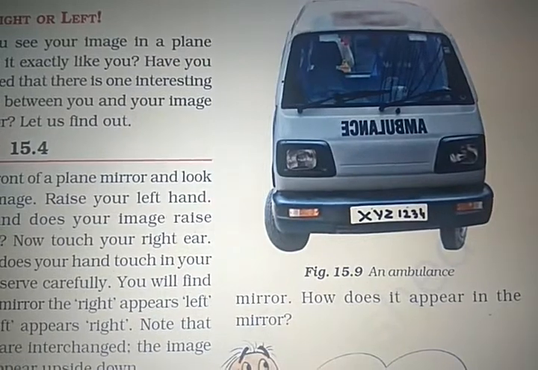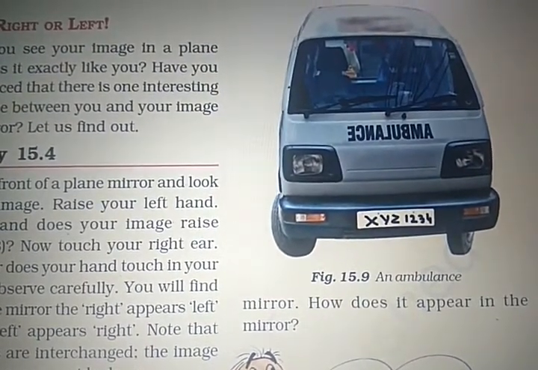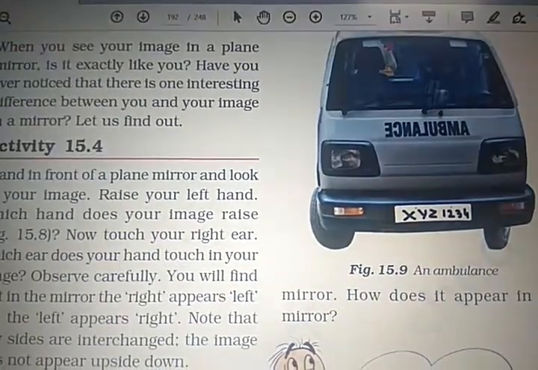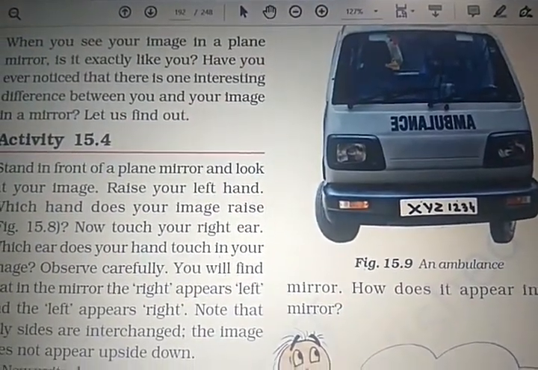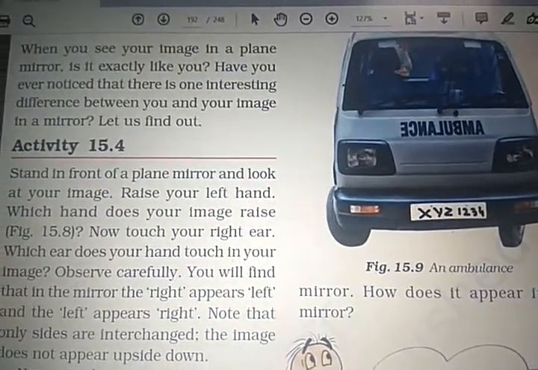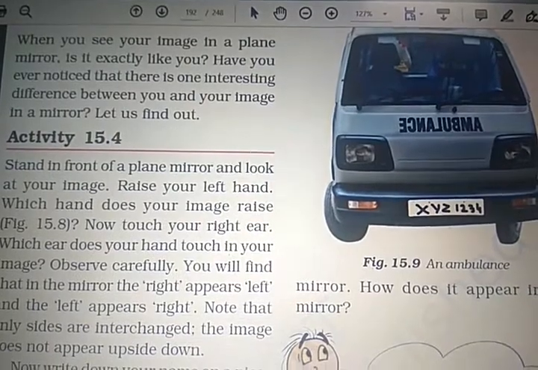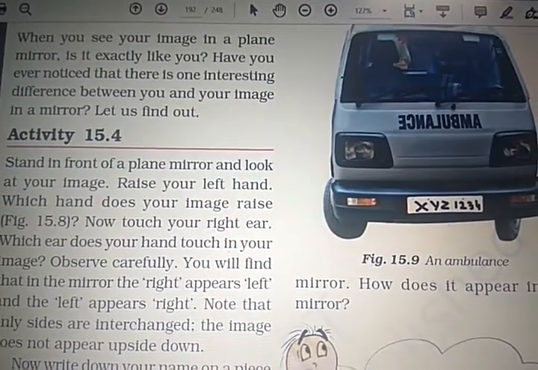And when the ambulance is observed from that mirror, it is an upright image he can visualize, and he can understand that the back vehicle is an ambulance. So this is lateral inversion.